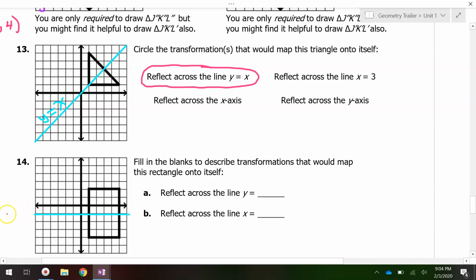This is the line y equals -1. Remember that a horizontal line is of the form y equals. All right, so y equals -1. That is one line of symmetry, so reflecting across that line will map the rectangle onto itself.